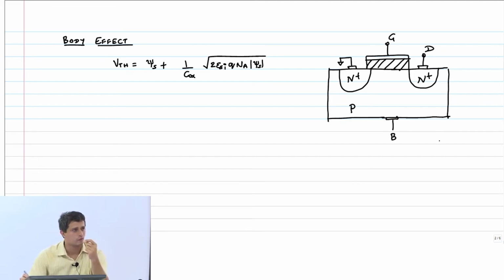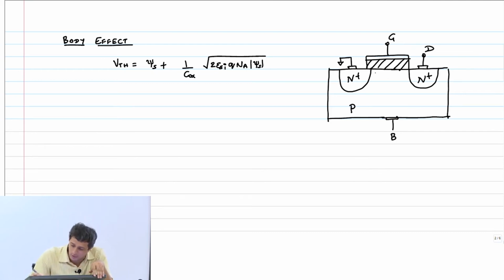But of course this is a fourth terminal and there is no need to tie it to the source always. You can always apply a different potential on that body terminal. So what happens when you do that? Let's now assume that our VGS is some positive voltage.